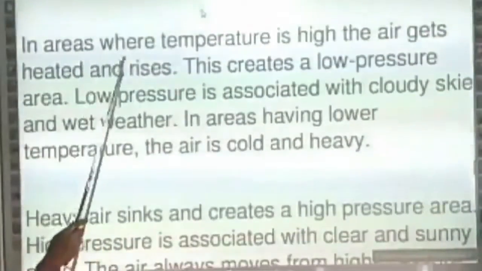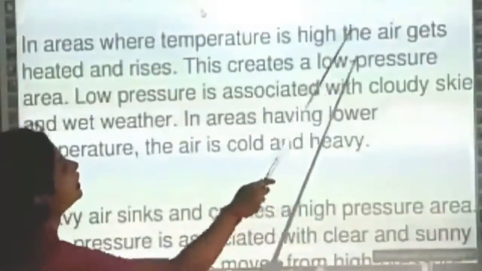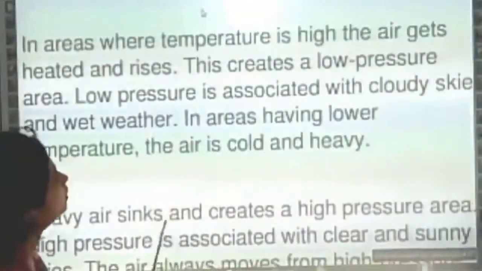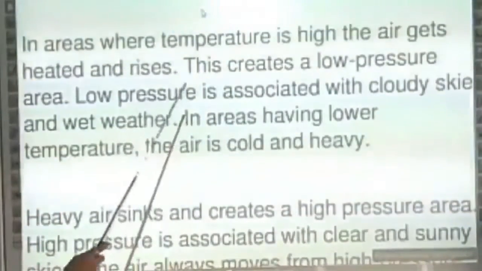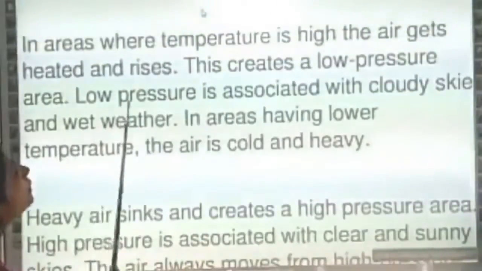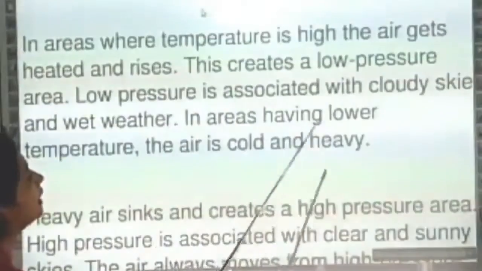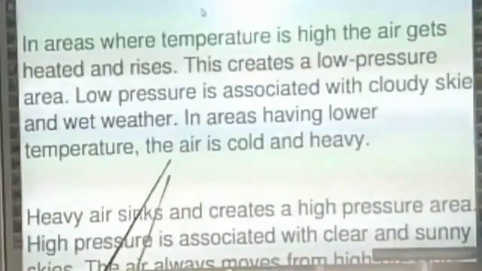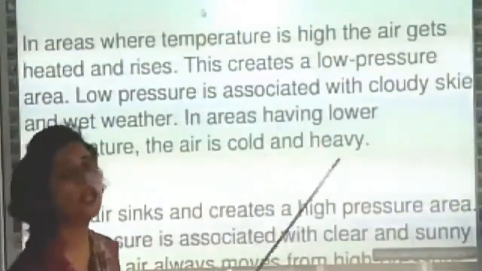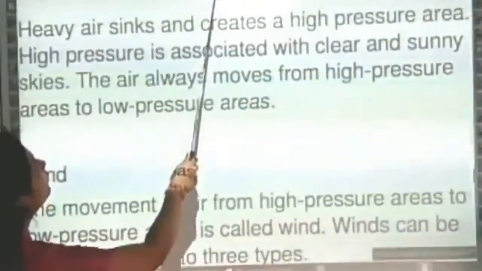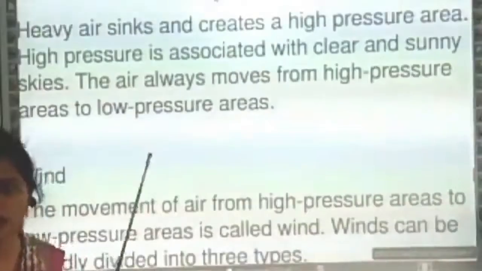In areas where the temperature is high, the air gets heated and rises. This creates a low pressure area. Low pressure is associated with cloud and wet weather. In areas having lower temperature, the air is cold and heavy. The air of this area is very cold and very heavy.